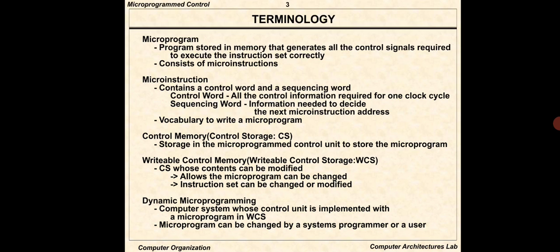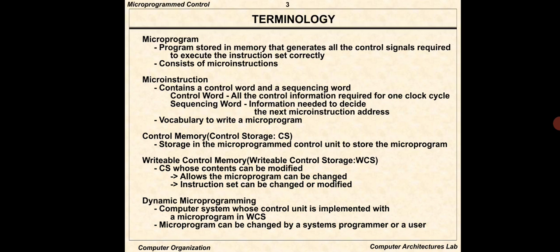Now, what do you mean by micro instructions? A micro instruction is nothing but it contains a control word and a sequencing word. So whenever we talk about micro instruction, it is classified into two fields. One is the control word and the second one is the sequencing word. What do you mean by control word? All the control information required for one clock cycle.